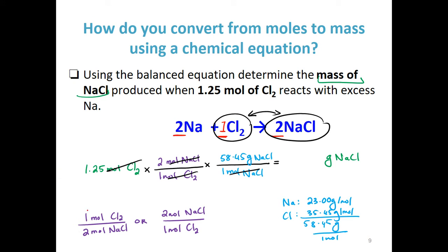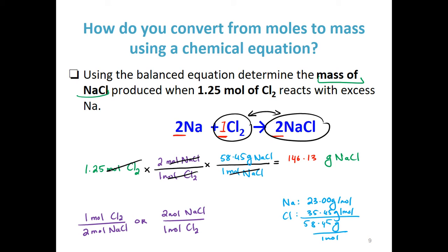So 1.25 times 2 times 58.45 gives me 146 grams of sodium chloride. Let me actually write it with decimal places: 1.25 times 2 times 58.45 is 146.13 grams of sodium chloride.